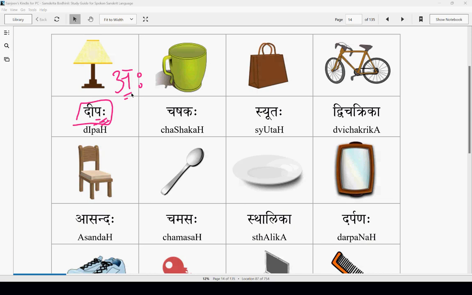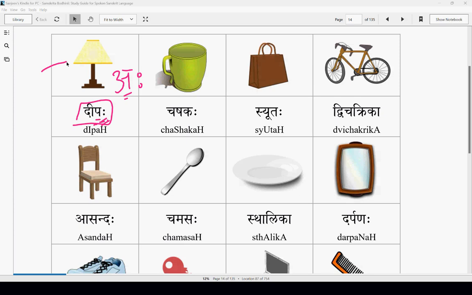You might ask, this object is a lamp, so it doesn't have real gender, like a biological gender, like a girl or a boy or lion or tiger. It's not a living being, it doesn't have a gender as such. So how is it a Pullingam?